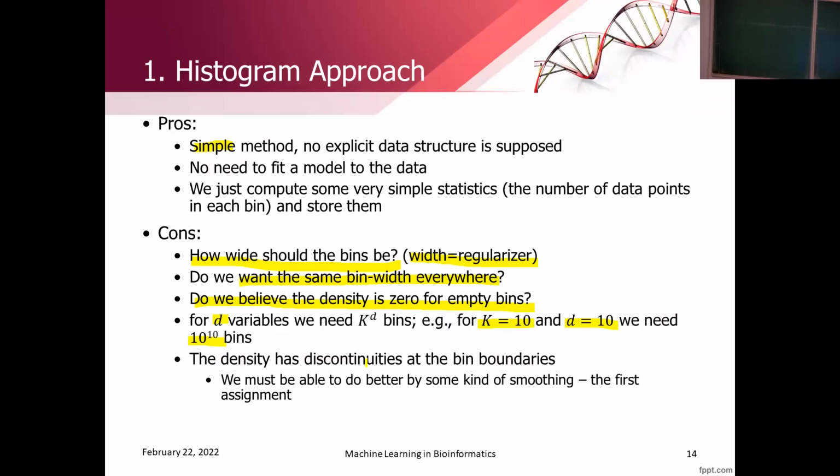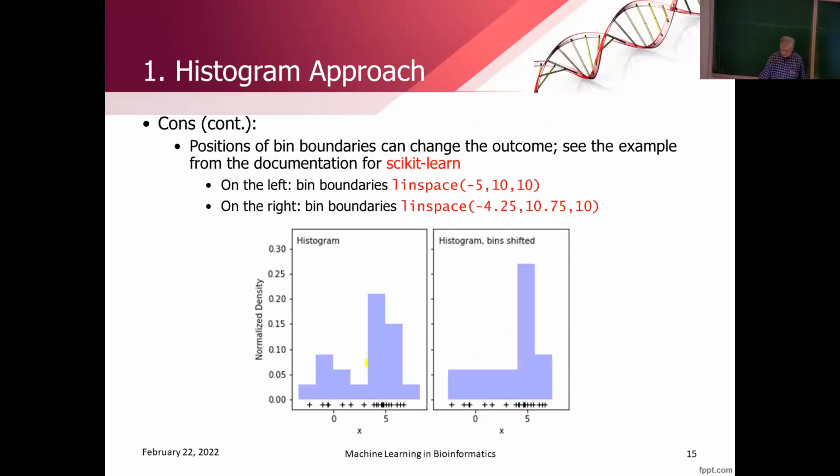In the trivial case, for each observation, we define some small Gaussian, and we sum all the Gaussians from the observations, and we obtain some smooth function. You will do that in the first assignment and use that for constructing a classifier.